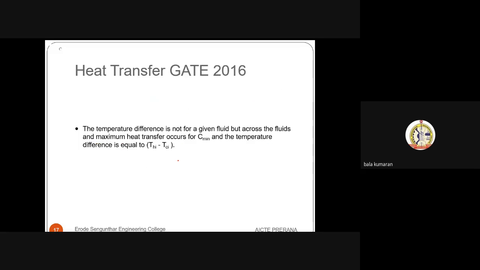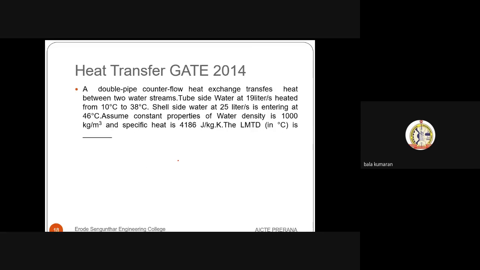The next question is also a fill in the blanks. A double pipe counterflow heat exchanger transfers heat between two water streams. Tube side water is heated from 10 degrees Celsius to 38 degrees Celsius.